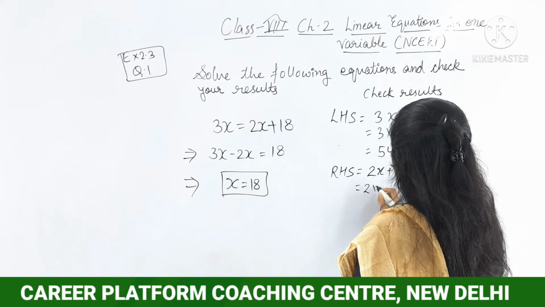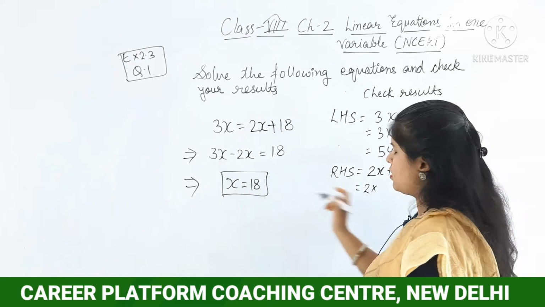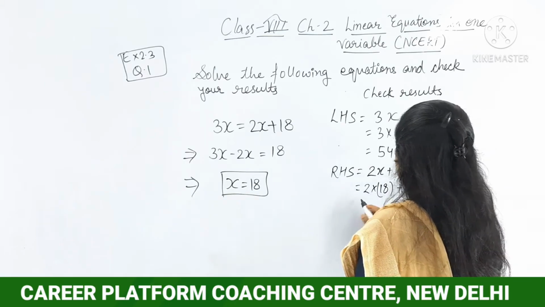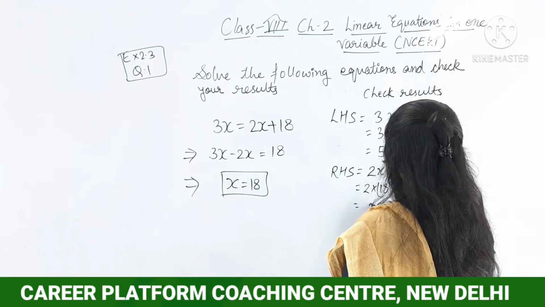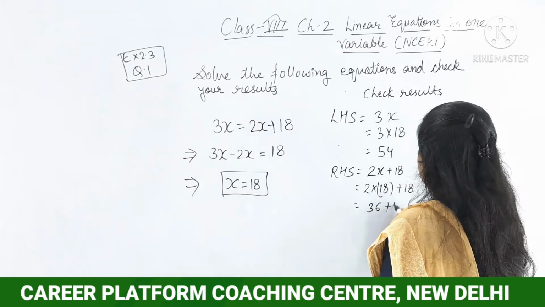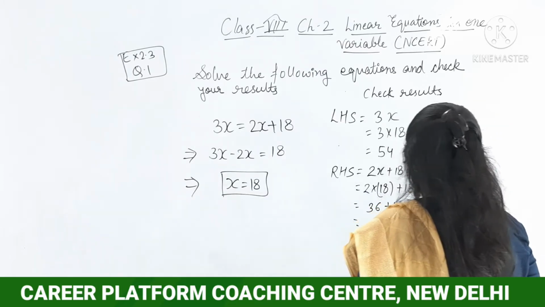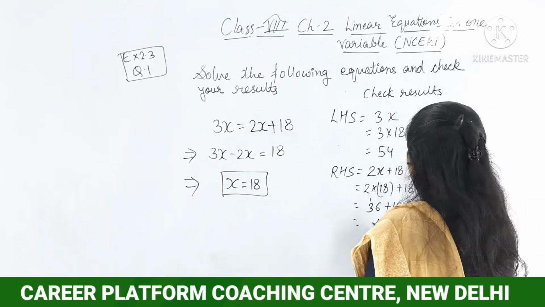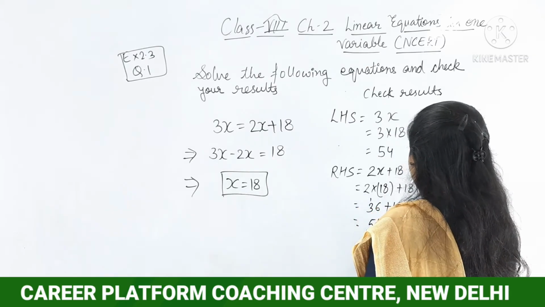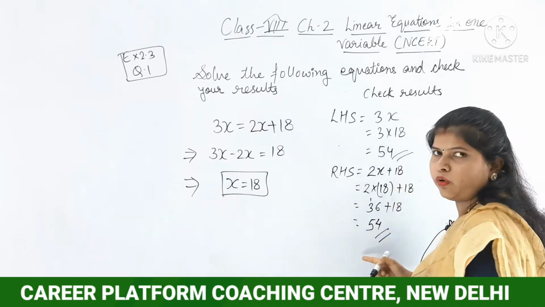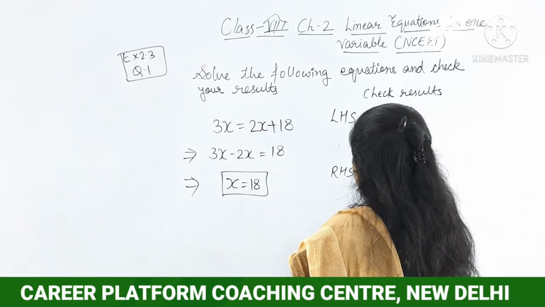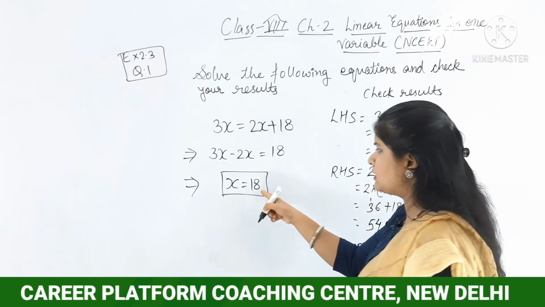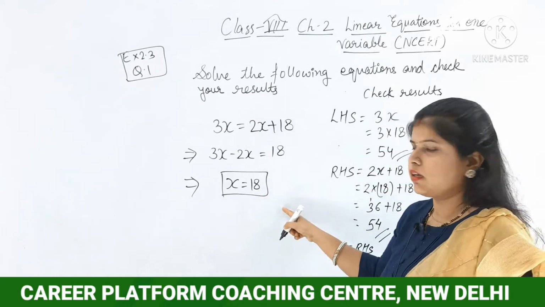We have to substitute this value of x: 2 into 18 plus 18. 2 18s are 36, plus 18 is 54. So I am getting both results equal. So this is verified, LHS is equal to RHS, so this answer is right.